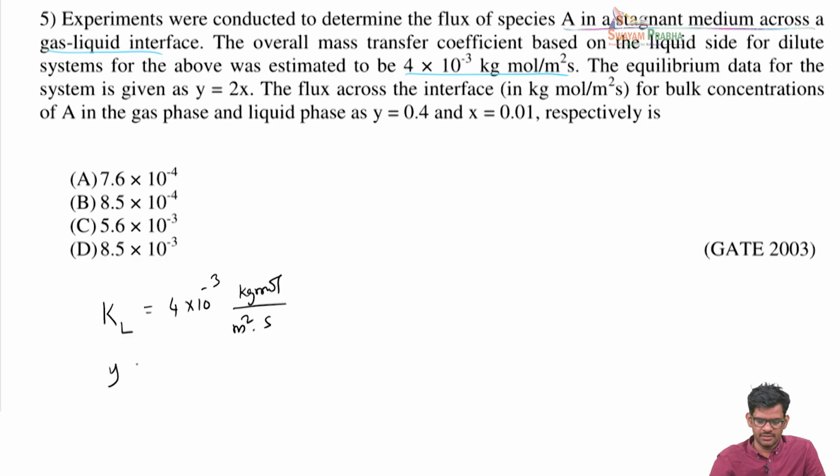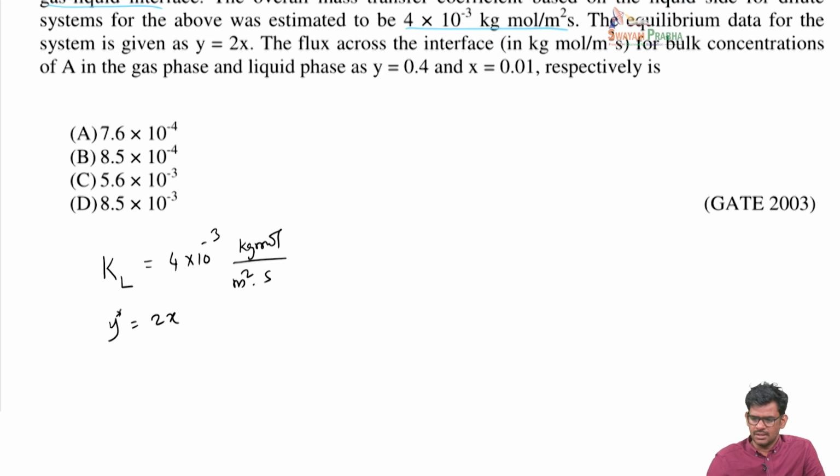Equilibrium data is given, y is equal to 2x. What is being asked is what is the flux Na, and additionally gas phase bulk concentration is given, which is YAG 0.4 and XAL is 0.01.